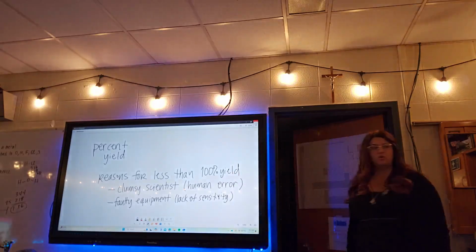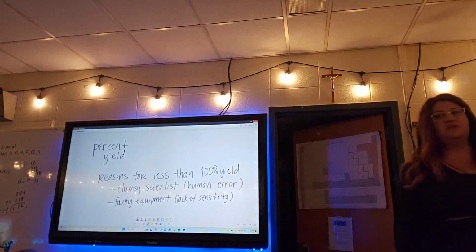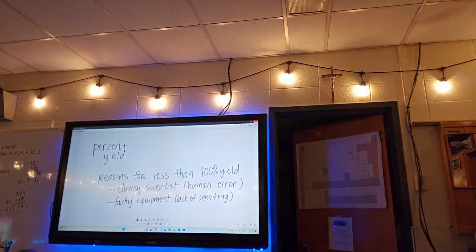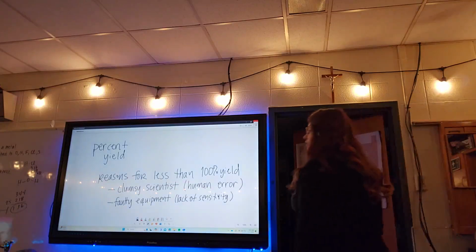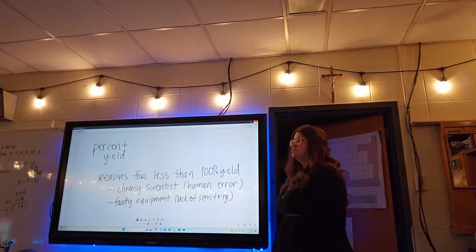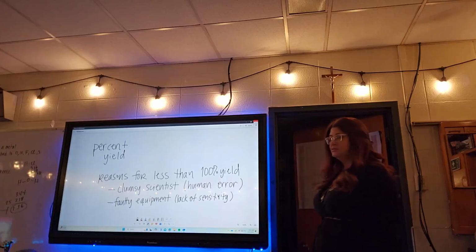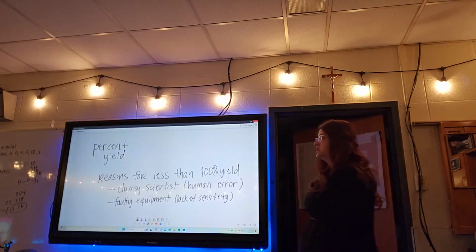And so in order to have nice things, we have to spend a lot of money on them. But what if we don't have the money for that in our laboratory? Well, then we might not be able to get a high enough percent yield because we just aren't measuring accurately. So we don't even have the correct starting values.